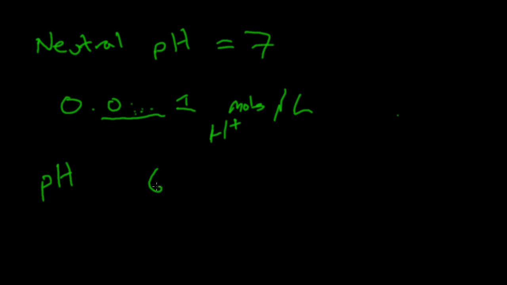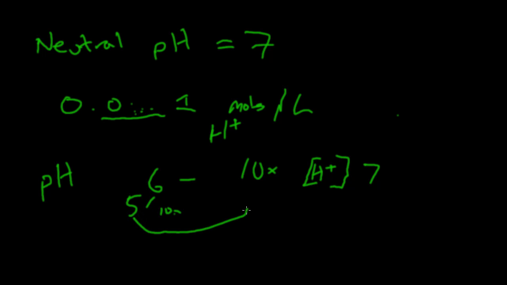If something is pH 6, that means it has 10 times the concentration of something that's pH 7. And if something's pH 5, it's 10 times again the concentration of pH 6, which means that something that's pH 5 actually has 100 times the concentration of something with pH 7, and it keeps going.